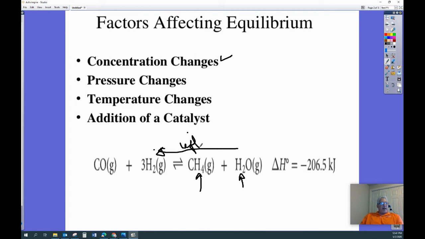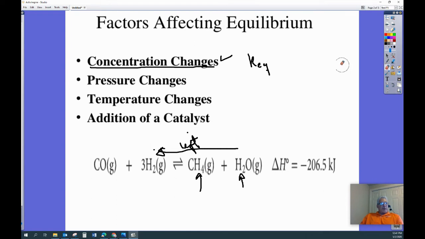And keep in mind the following: the equilibrium constant doesn't change its value when you modify the concentration. That is the impact of concentration change on the equilibrium state.